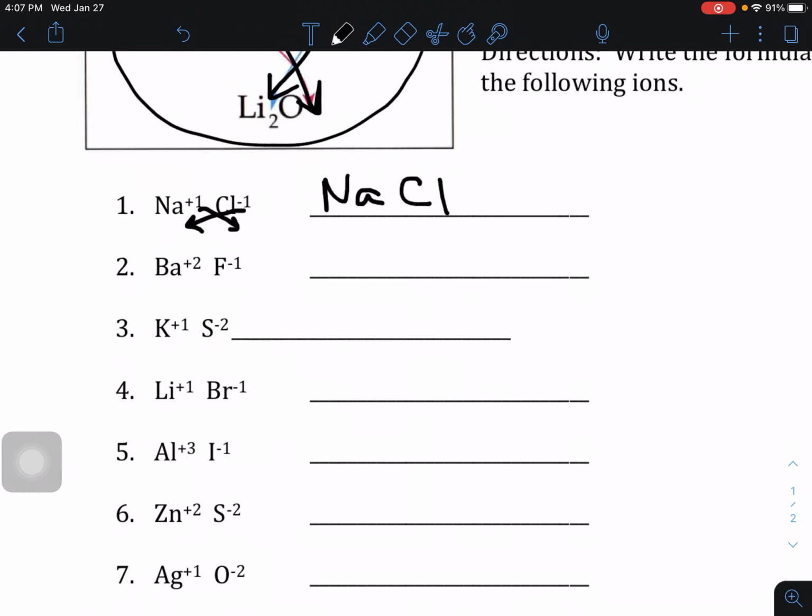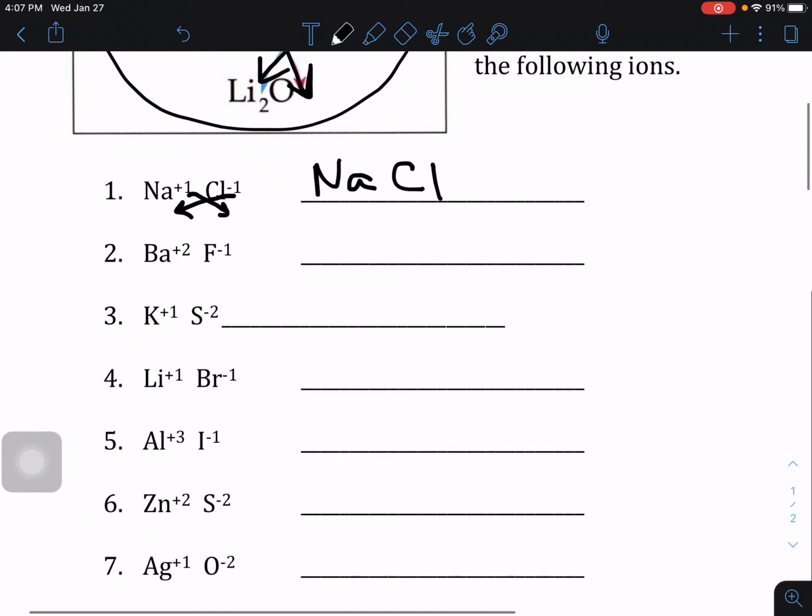Okay. The next one is Ba +2 and F -1. Again, take the number, not the plus, just the number, and bring it down as a subscript, and the number as a subscript again. Since it's a 1, we just put Ba.